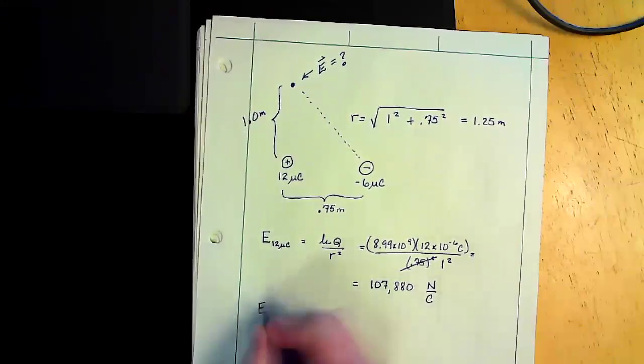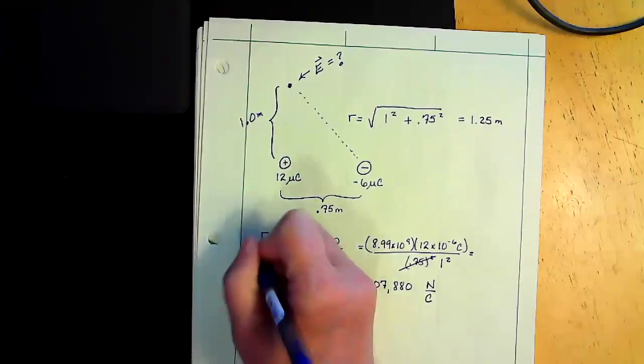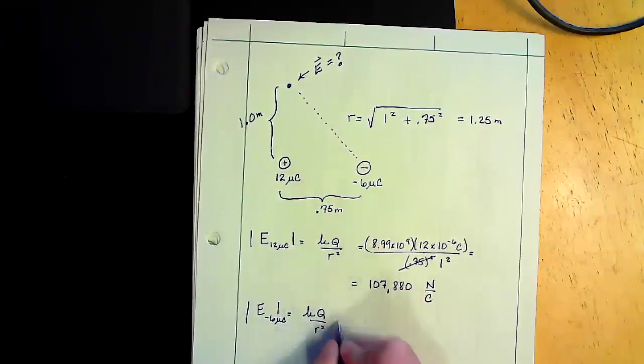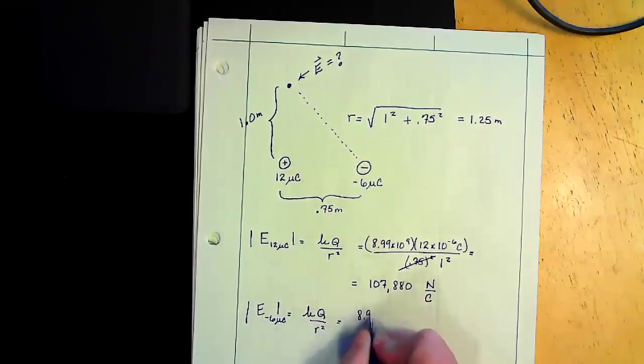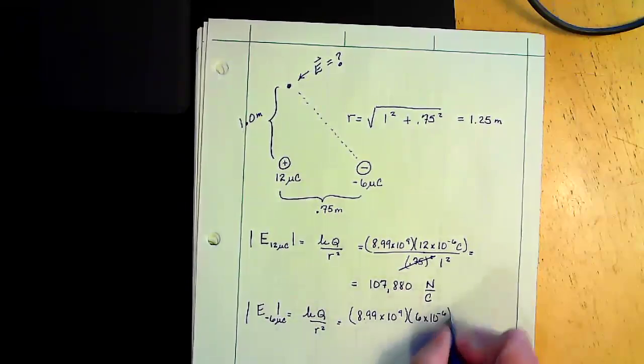The electric field at that point, due to my -6 charge, we're going to look at magnitude here. We'll deal with direction in a minute. It's going to be KQ over R squared. Going to put in my actual numbers.